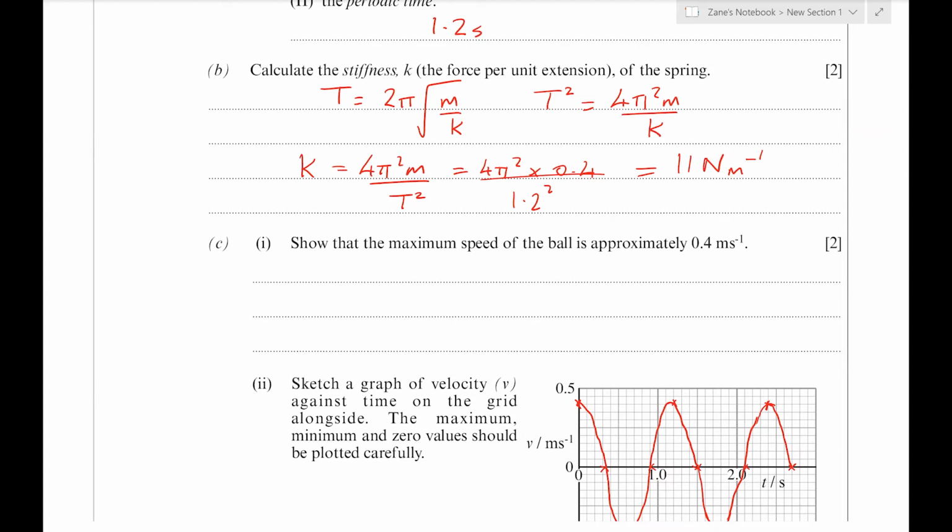Next, we're going to show that the maximum speed of the ball is approximately 0.4 meters per second. Well, the formula for maximum velocity, not given in the data book, is Vmax is plus or minus omega A. Omega can be evaluated from 2 pi over T, so 2 pi over the 1.2 seconds. That gives us about 5.24.